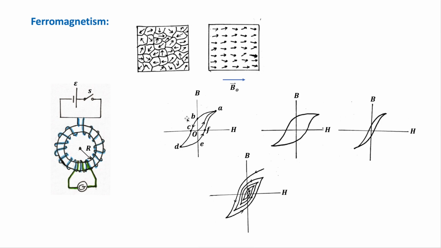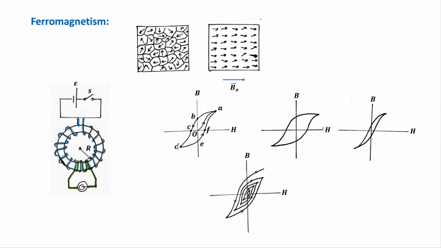Now suppose the external field H is reversed in direction by reversing the current in the primary coil, and this current is increased in strength. Then the domains will reorient until the iron is unmagnetized at the point C, where the total magnetic field is 0. And the increase in the reverse current will cause the iron to be magnetized in the reverse direction, where it approaches saturation at the point D.